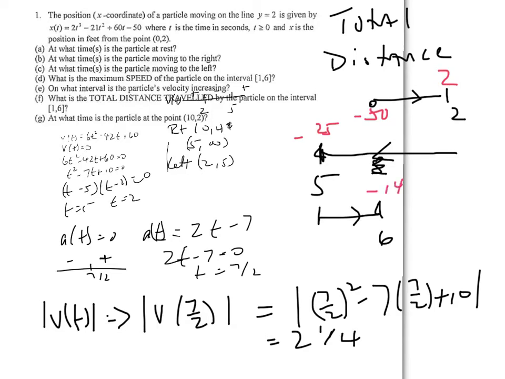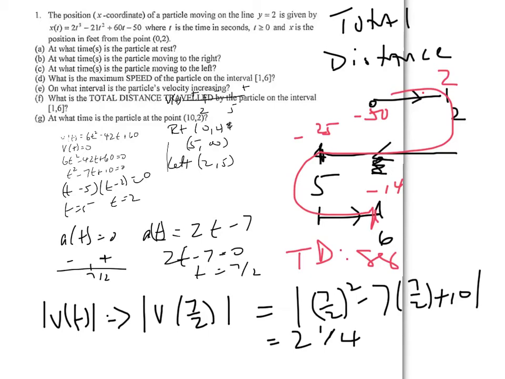So we started at negative 50, we ended up at 2, came all the way back to negative 25, and then ended at negative 14. So that means our total distance is from negative 50 to 2, from 2 to negative 25, and from negative 25 to negative 14, gives us a total distance of 88 when you add up all those units.